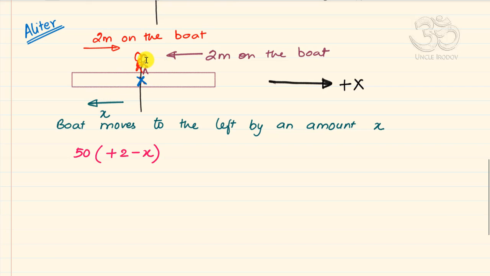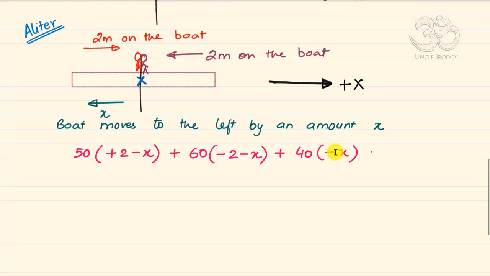Then this guy B, so we have got 60 for him, and for him the x coordinate decreases by 2 because he moves leftward on the boat, and another decrease of x because the boat itself moves to the left by x. So minus 2 minus x plus 40 for the boat, and the displacement of the center of mass of boat itself, not of the system, of the boat itself, is x to the left.